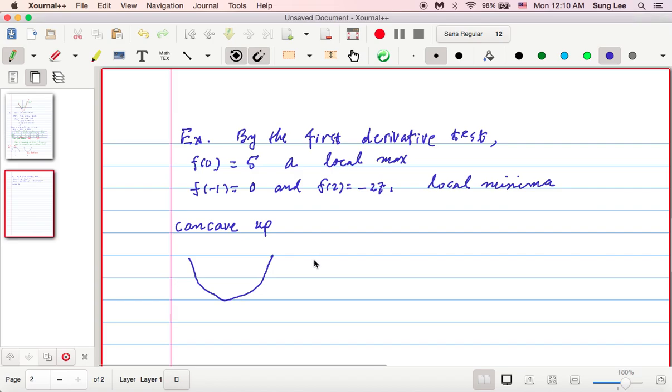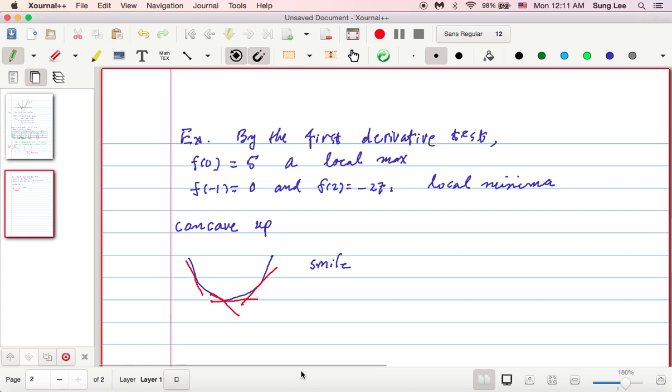And in this case, if you draw tangent lines, they are going to be lying below the graph.